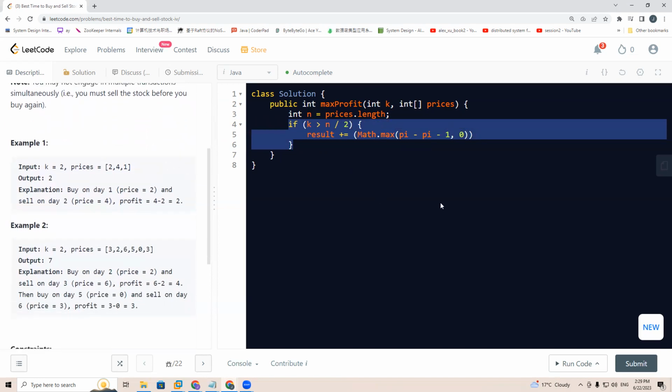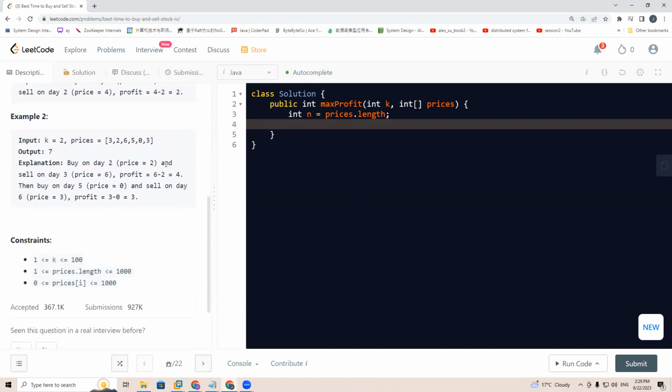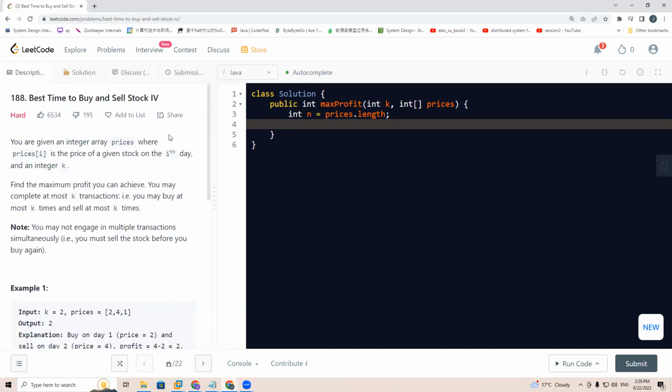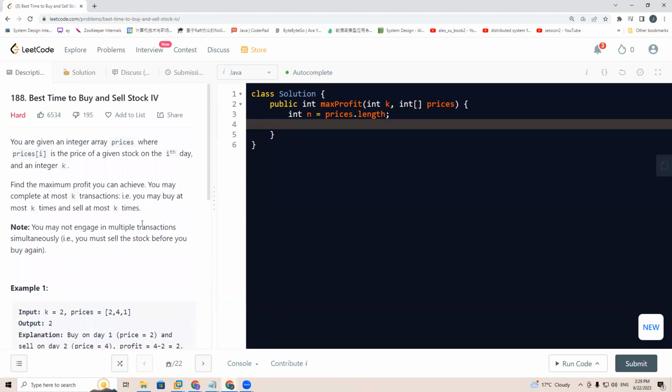Let's look at the general case. So what we're thinking about is that for the prices, to get the max profit, we can have two arrays.